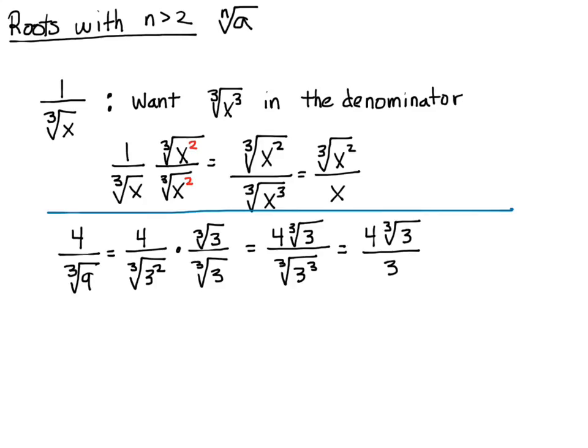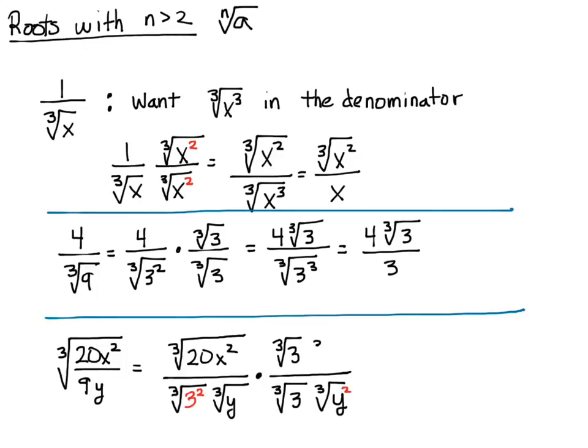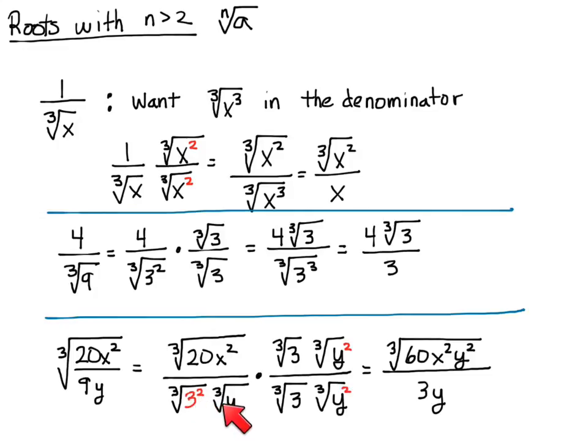And then one last one, multivariable. So we have the cube root of 20x squared over 9y. So let's go through this. So we separate the two, and notice I'm doing the whole thing all in one fell swoop, but notice here when I factor it, I got a 3 squared from the 9, and that's just a y.